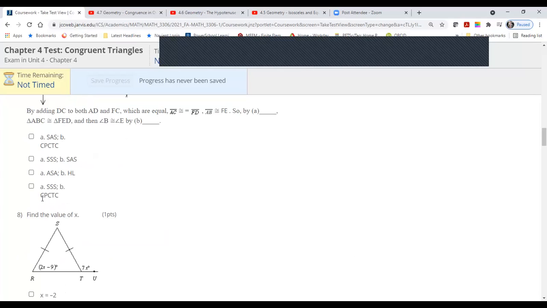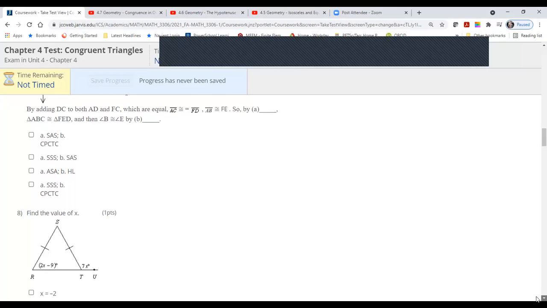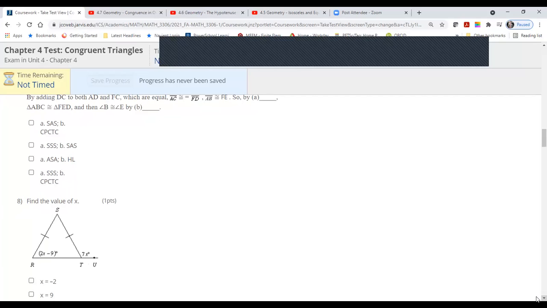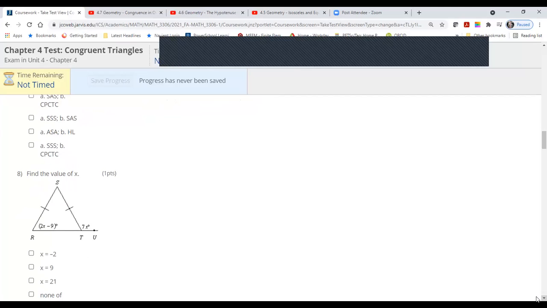Remember what this is? Corresponding parts of congruent triangles are congruent, right? So if the triangles are congruent, then all of the corresponding parts, like the angles, are congruent. So that's using CPCTC.